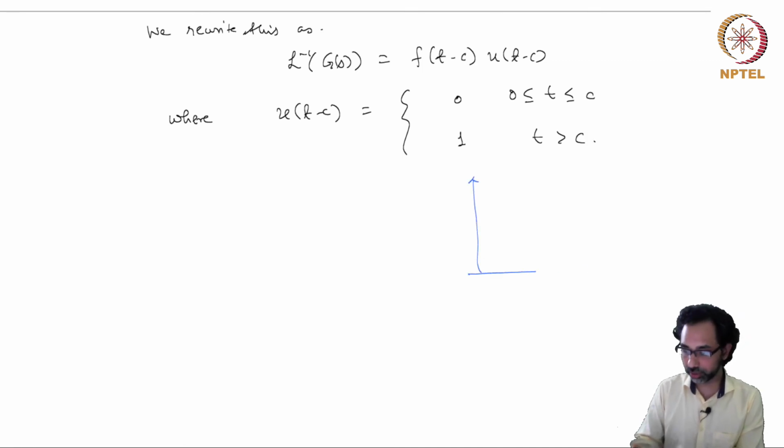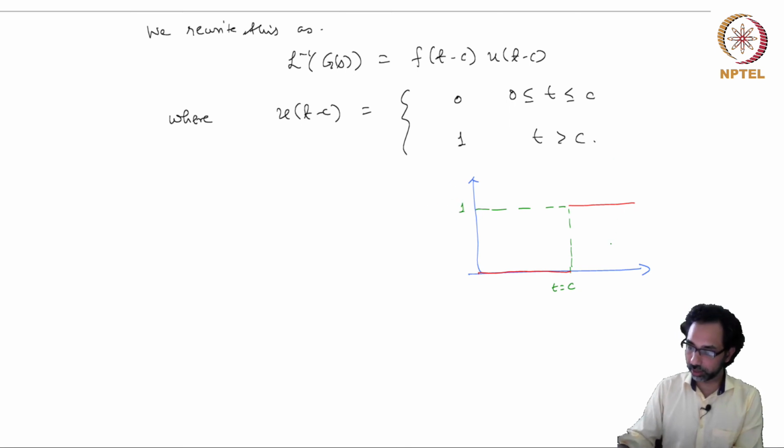So for the graph of the function u(t minus c), let's suppose that this is our point t equal to c. Then the graph of the function is 0 up to c, and then it is 1 on the y-axis, and for all values greater than c it is 1. So this is the graph of u(t minus c).